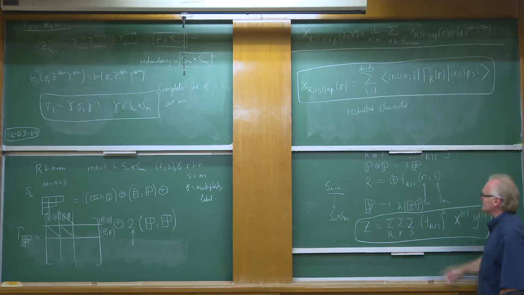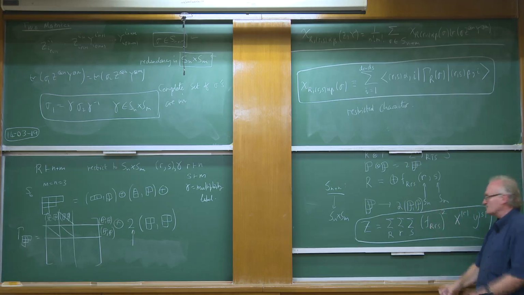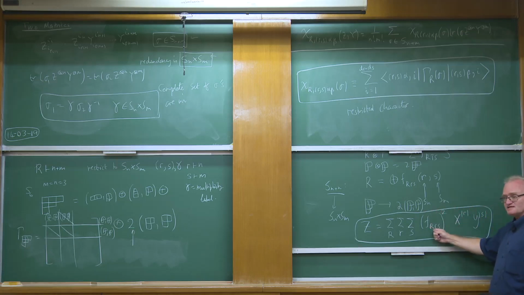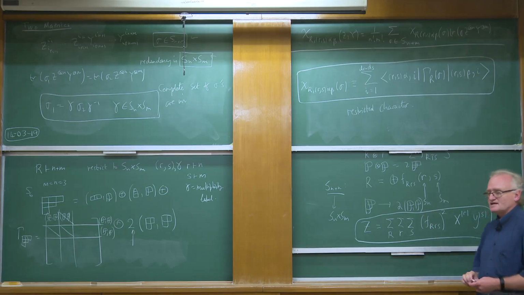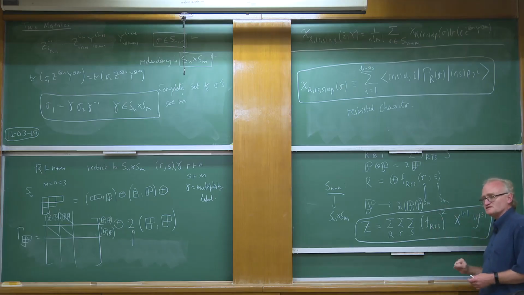Each multiplicity label goes from 1 up to FRRS. So a sum of a multiplicity label gives me FRRS. Another sum of a multiplicity label gives me another FRRS. So that's the sum of that squared. That's the multiplicity label sum. And the matrix model spits it out in this form if you manipulate it correctly. There's some formula for this FRRS. Exactly, yep.